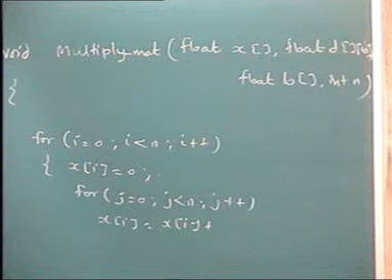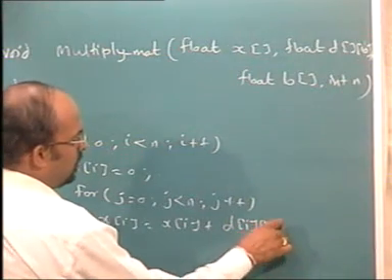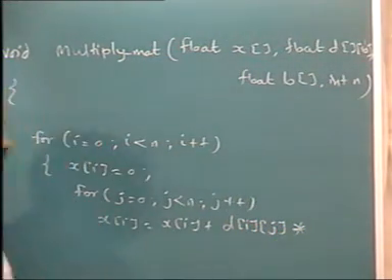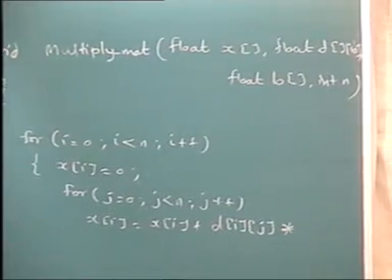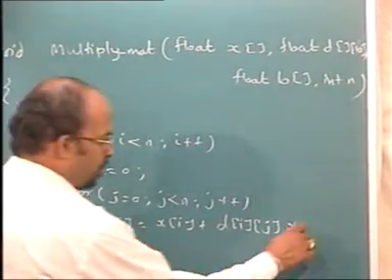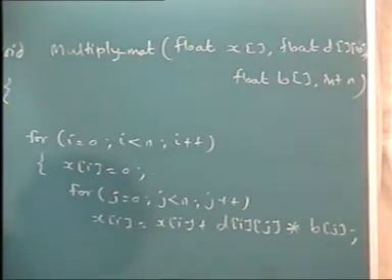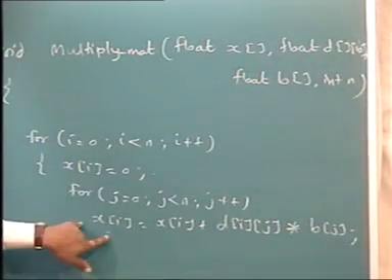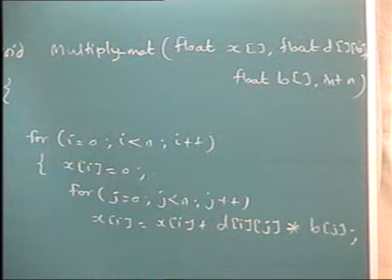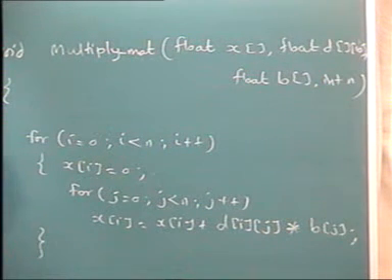First row of D, or ith row of D. So D of ij multiplying the column B, B of j. At that time, if you recall, it was A of ij into B of jk, and we were finding C of ik. That's it, I suppose.